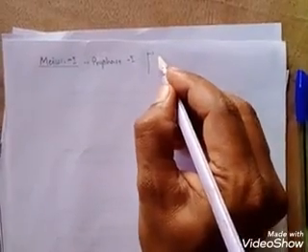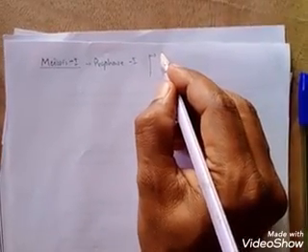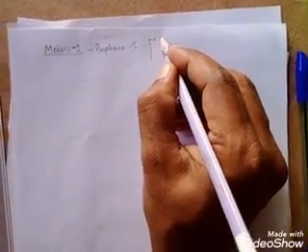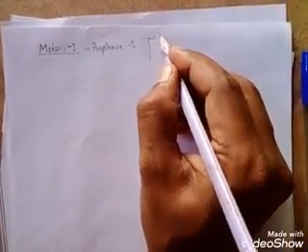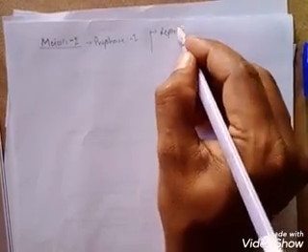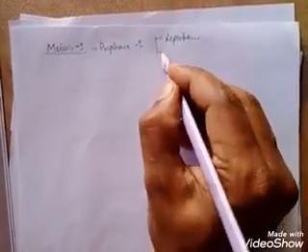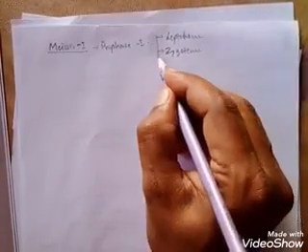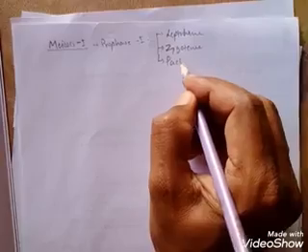First one is the leptotene, that is called the leptotene phase, or leptonema. Next one, zygotene, and third is pachytene.